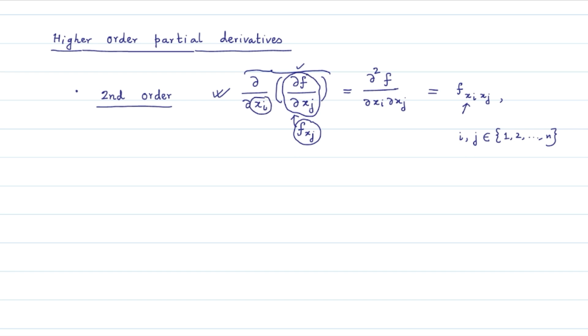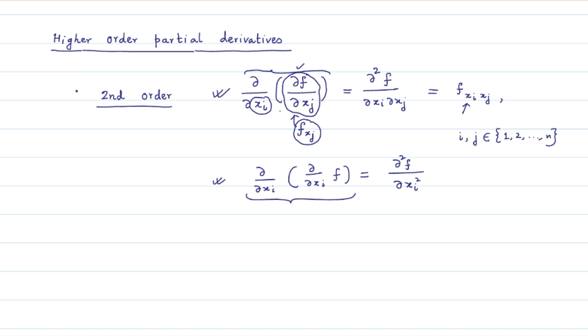If we consider both the variables xj and xi identical, that means say we are taking del xi of del xi of the function f, then we use the notation del 2 f over del xi squared to denote the second order partial derivative, which is the partial derivative of the function f with respect to the variable xi twice.